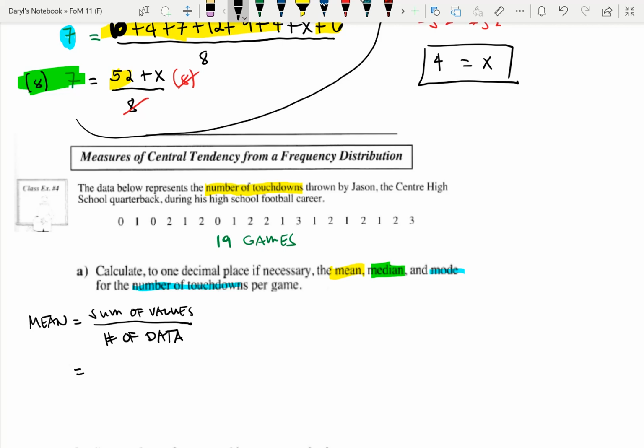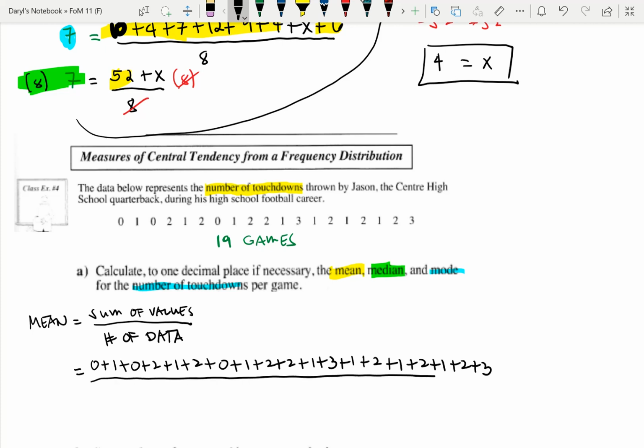So you have here 0 plus 1 plus 0 plus 2 plus 1 plus 2 plus 0 plus 1 plus 2 plus 2 plus 1 plus 3 plus 1 plus 2 plus 1 plus 2 plus 1 plus 2 plus 3, divided by the number of data.